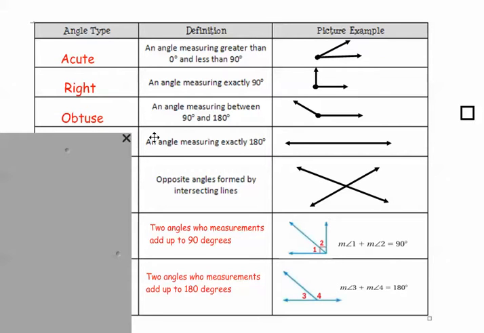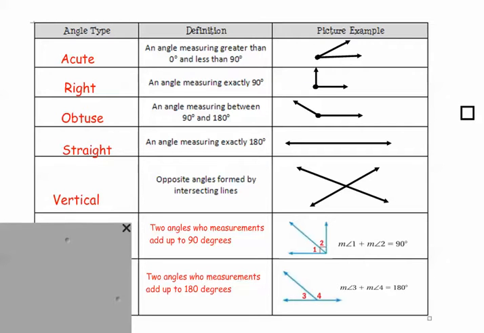Now, these you may not know. An angle that measures exactly 180 degrees, well, isn't that just a straight line? Yes. So that is a straight angle. All right, these three you probably don't know. A vertical angle. It's where opposite angles are formed by intersecting lines.